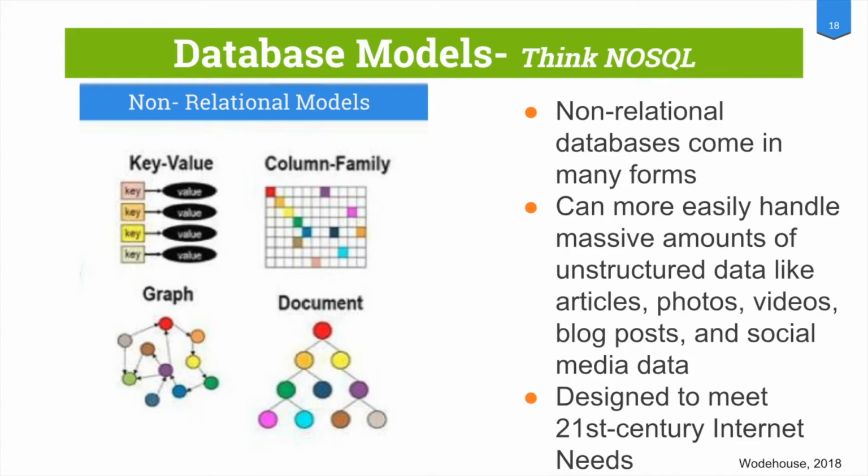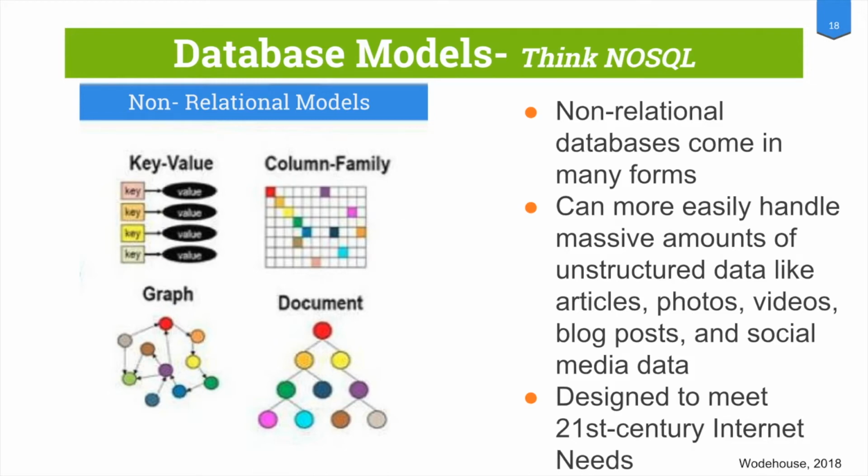They are often open source. They are designed to run on large clusters. They are based on the needs of 21st century web properties, and they can more easily handle massive amounts of unstructured data, like articles, photos, videos, blog posts, and social media data.